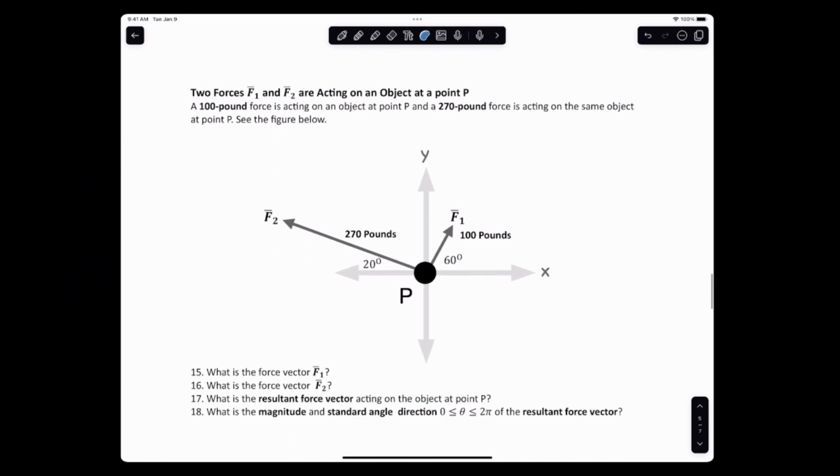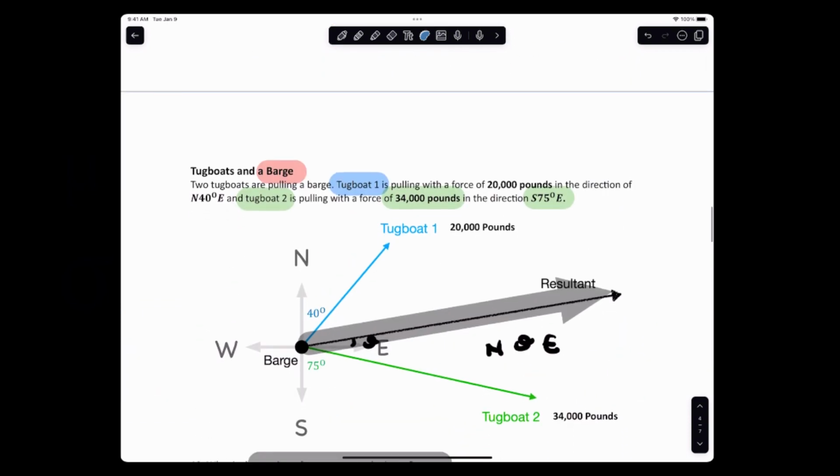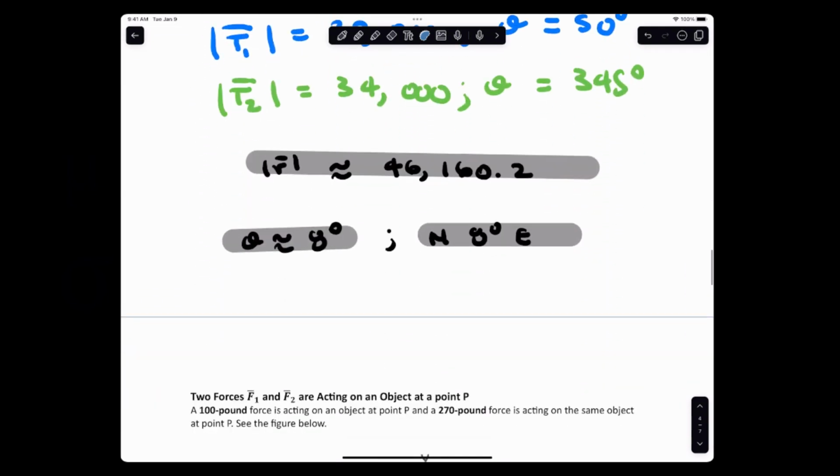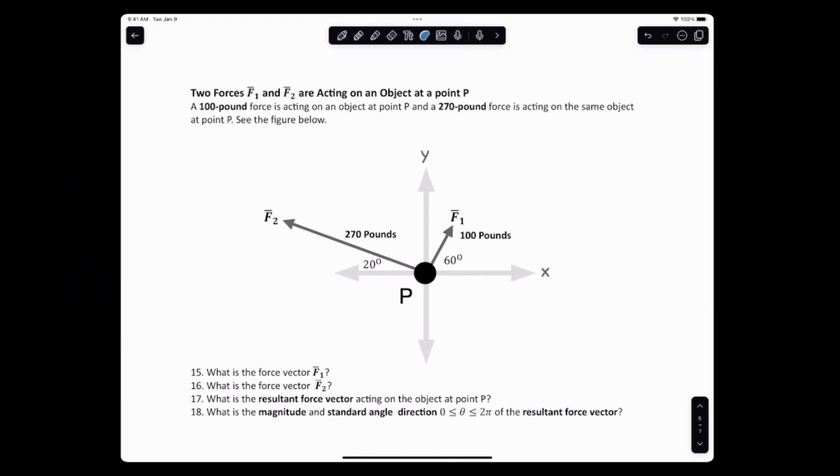Okay, ladies and gentlemen, guess what? I'm going to give you guys some time to try this out here. This is the exact same process. They're force vectors. But they're going to ask you for two vectors now. Here's F1.